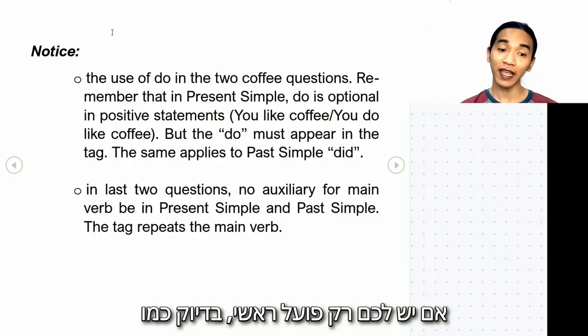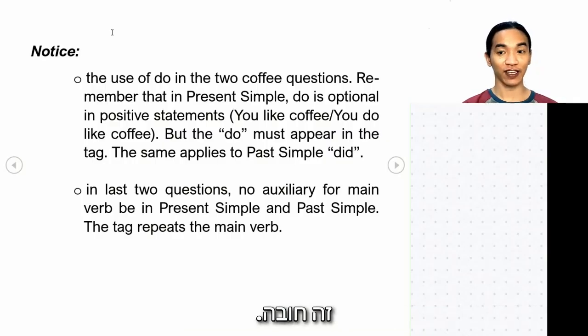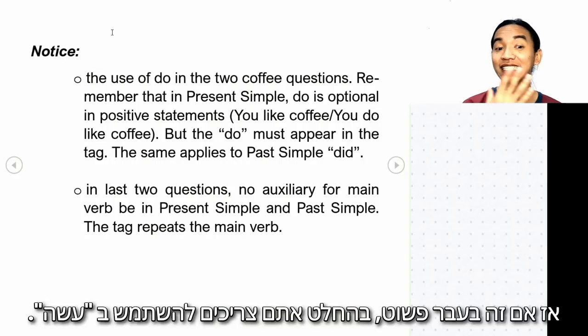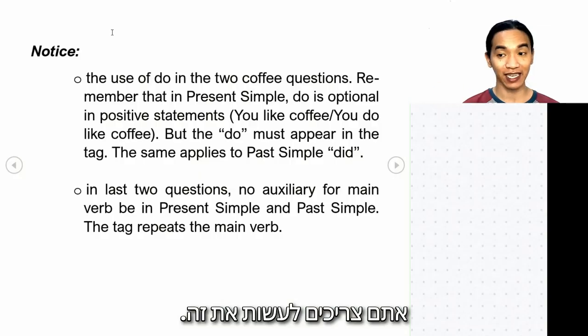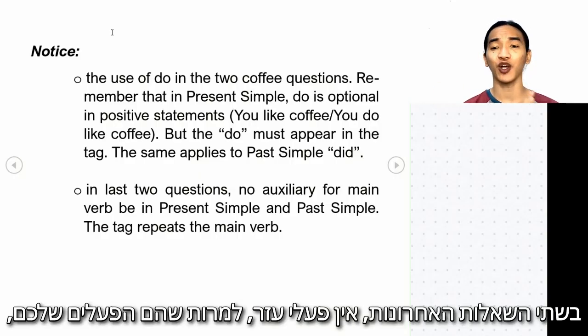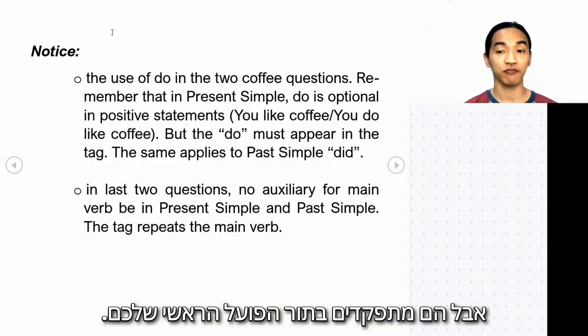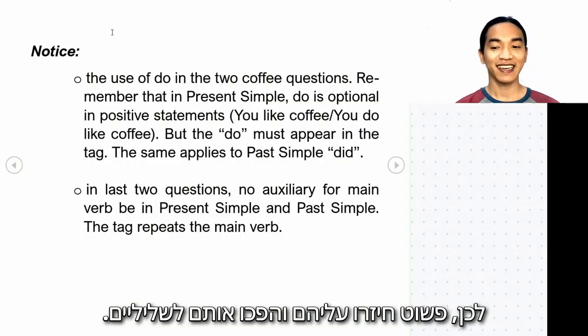If you only have a main verb, just like what I said, use do for your tag question. Okay, it is a must. Then if it's in simple past, definitely you have to use did. Don't use do because it's only for present. You have to make it did. Okay, next one. In the last two questions, there are no auxiliary verbs, although they are be verbs, they function as your main verb. So therefore, just repeat them and make them negative.